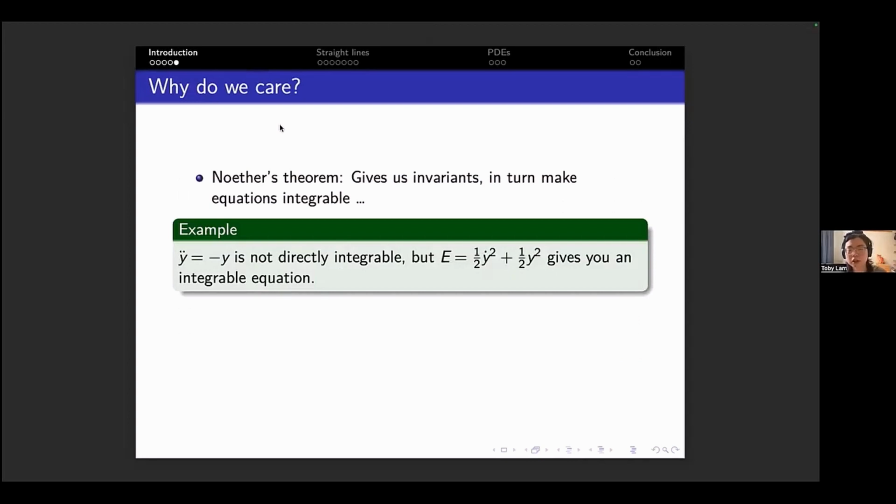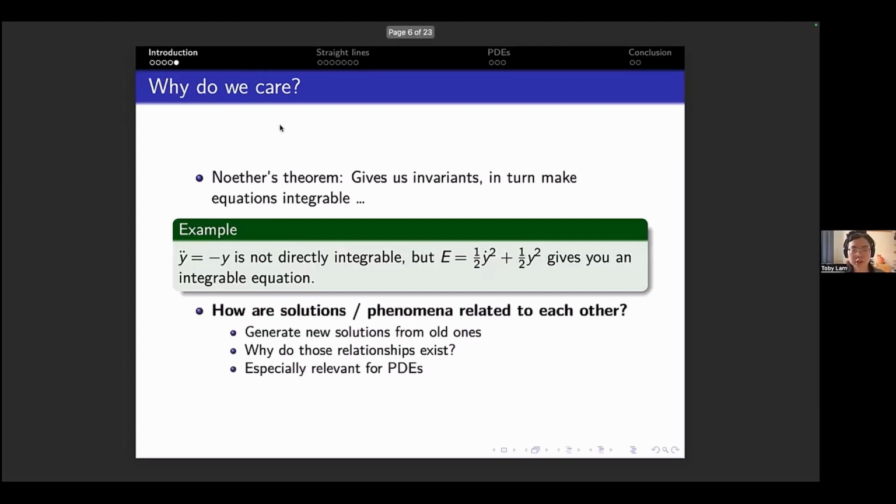Classically, there's Noether's theorem. It tells us that symmetries give us invariance, and in turn, they make equations integrable. Today, I'm going to deviate slightly away from that and not focus too much on integrable systems or systems where there is a Lagrangian, but more so on general ordinary differential equations, and how solutions are related to each other.